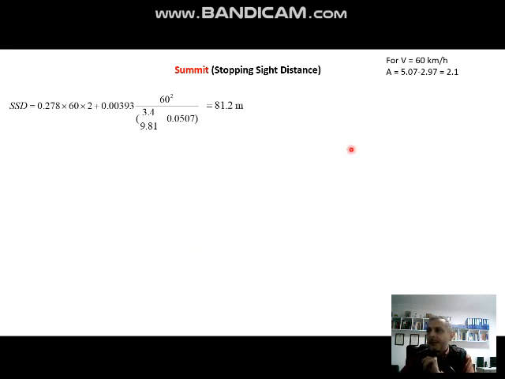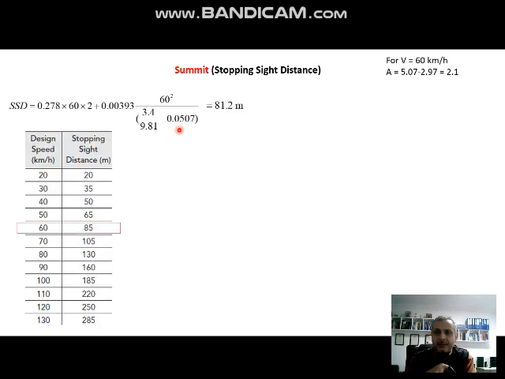Now my second curve, that was a summit type curve. To remember, my A was 2.1 or 2.09 actually. So we're going to calculate again stopping sight distance. These are the figures, and this is the biggest slope, the mid straight, so therefore I produce the same result, 81, but I take 85 again, 85 meters for 60 kilometers an hour design speed.